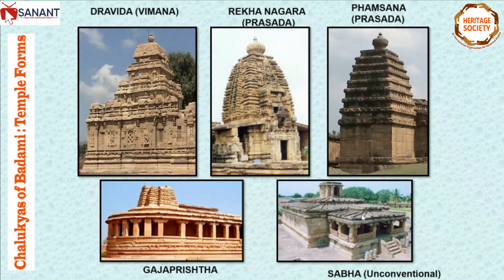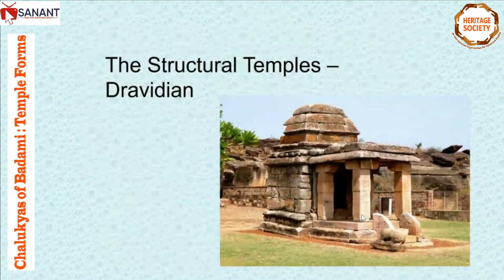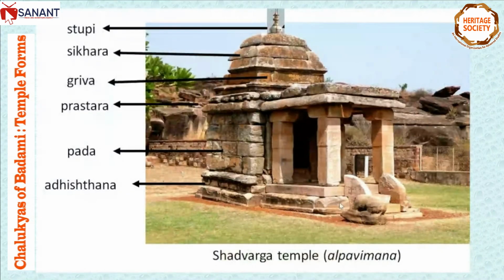Let us begin with the Dravidian structural temples. I will just show you the parts of the Dravidian temples here. First, start with the Adhisthana, the basement. Then you have Pada or the wall. It's also called Jangha.